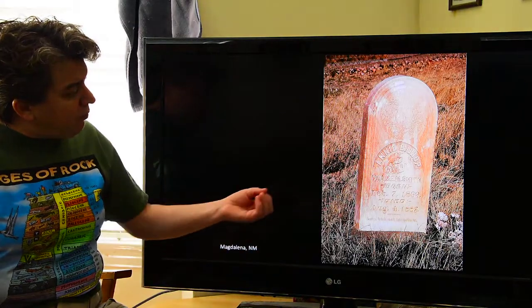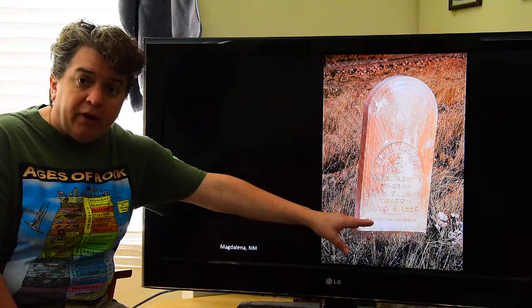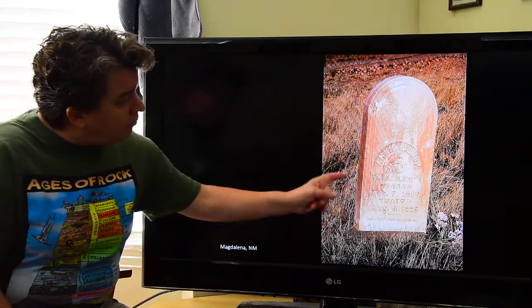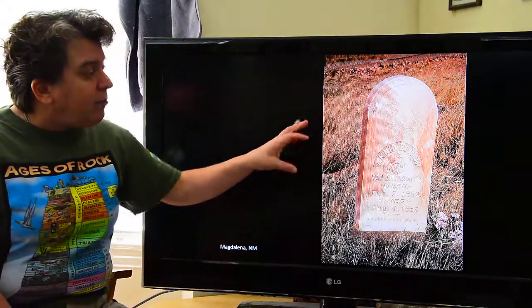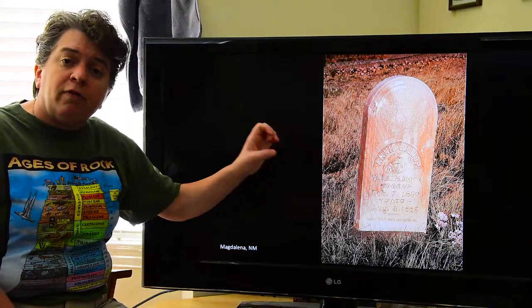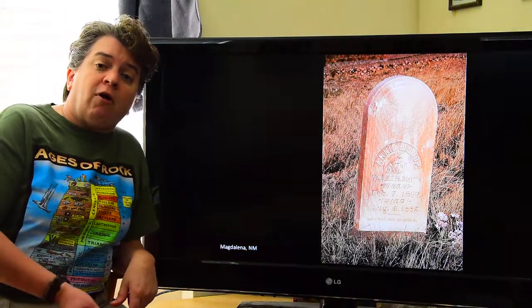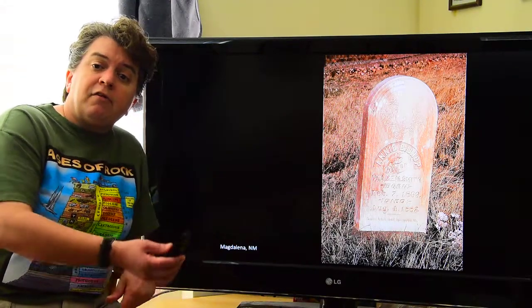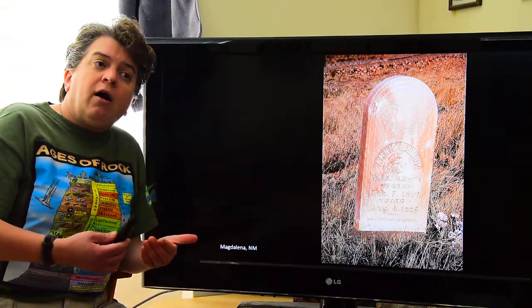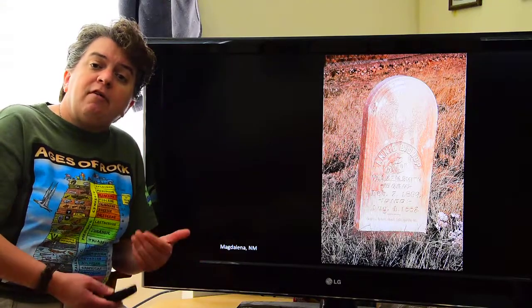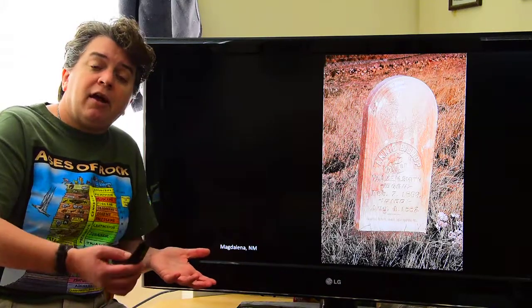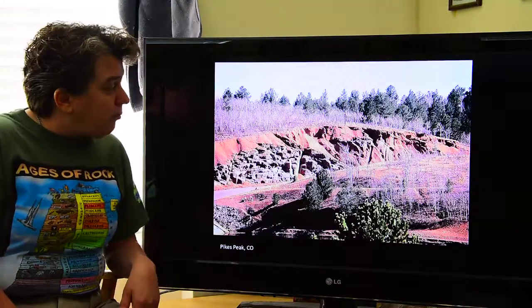In this case, we have one from a similar time period, 1887, same composition, that white limestone, but it's quite easy to read because this one is in a desert where there's very limited rainfall, so there's also very limited chemical weathering. So this can really show you how climate is very important to our weathering processes, and then how soils can be formed.